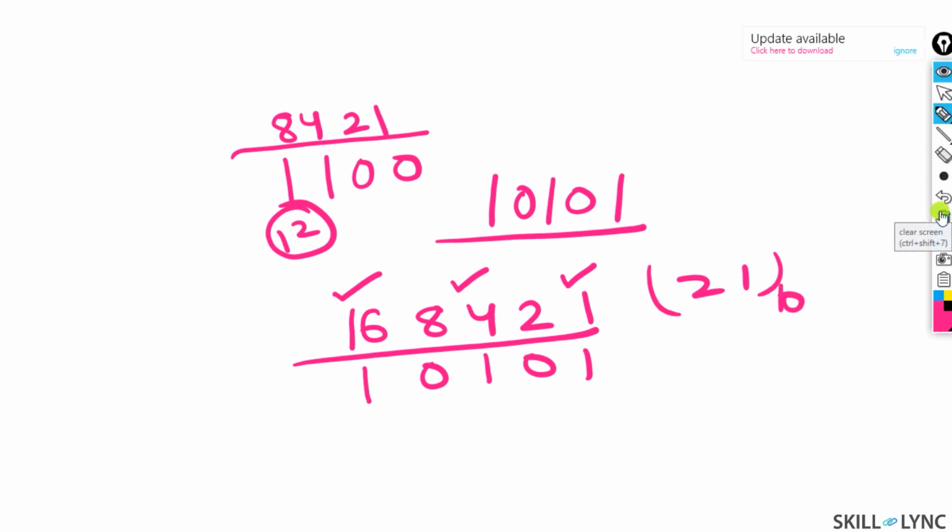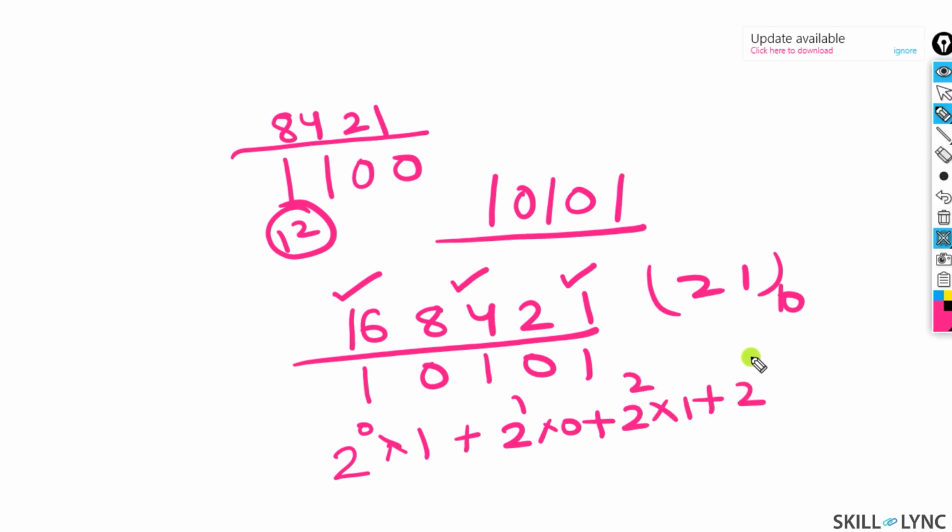I am just telling you how to crack MCQs, because if you go with the traditional way, for example if you want to find out this value, then you have to take 2 to the power n at positions 0, 1, 2, 3, 4, means 2 to power 0 into 1 plus 2 to power 1 into 0 plus 2 to power 2 into 1 plus 2 to power 3 into 0 plus 2 to power 4 into 1.